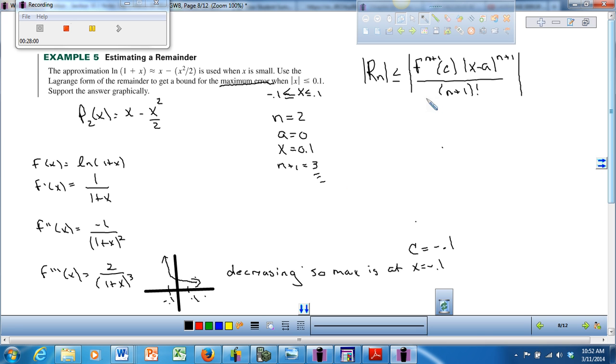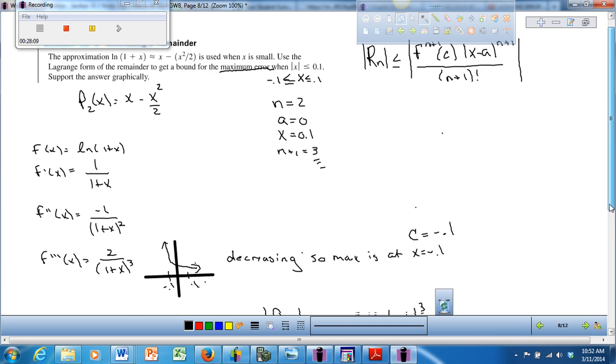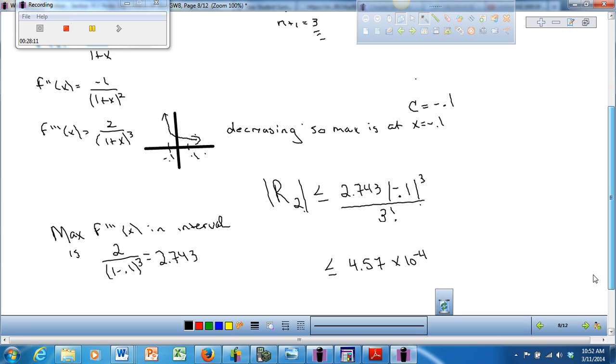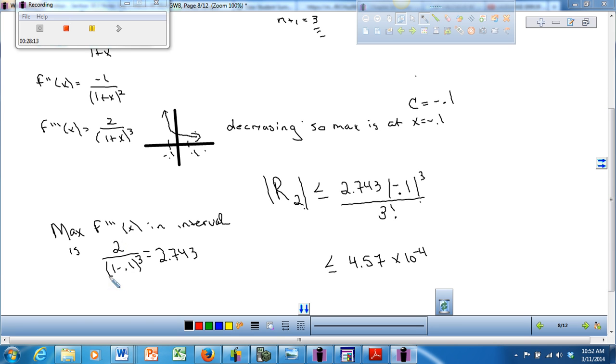All right, now let's plug in and see what we've got. So I evaluated my third derivative at negative 0.1 and got 2.743. Do you always take the absolute value of the derivative? Yes. We want an absolute value here, we want a positive value here, not a negative. So if there was a negative on it, would you first take absolute value and then evaluate it with the positive value? Yes. All right, and our maximum is happening at x equals 0.1 in this case.